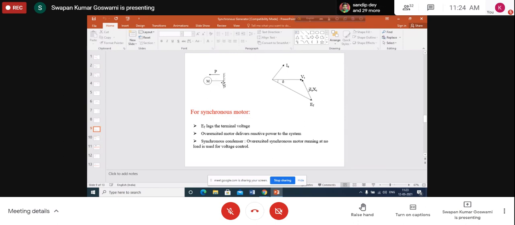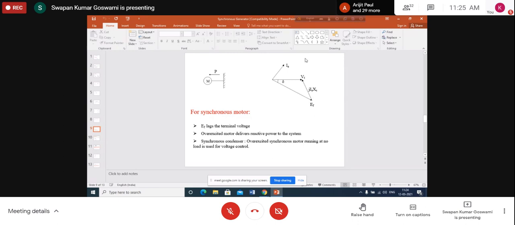We have taken VT as reference. Now delta is a lagging angle, so it is EF VT by XS sine minus delta, because with respect to VT, EF is lagging. So the direction of power flow is now negative, which means the motor will draw active power from the system.